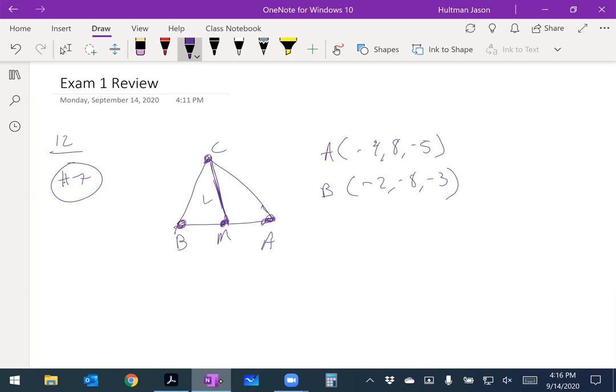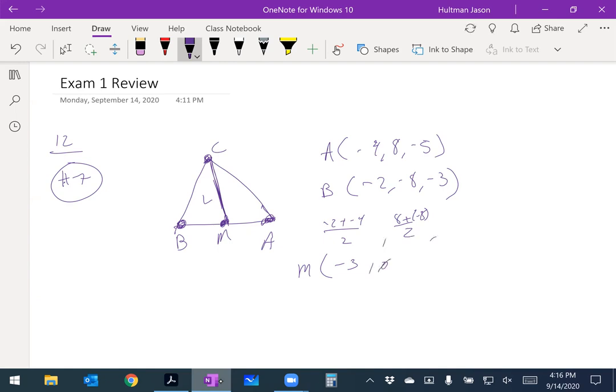To find the median, we just add the components up and divide by 2. So -2 plus -4 divided by 2, that's -6, that's -3. That's the middle value there. So I'm going to call this M, the middle value. Add 8 and -8, we get 0.